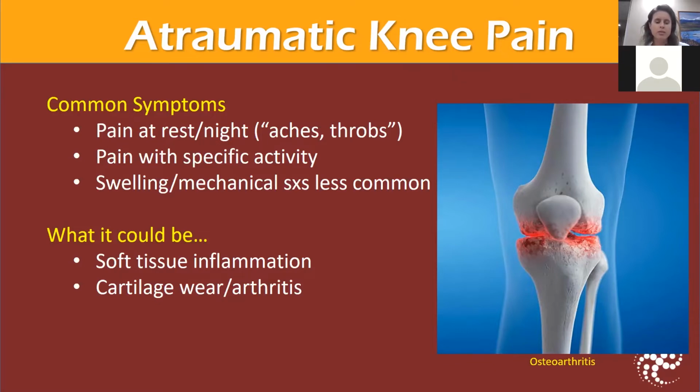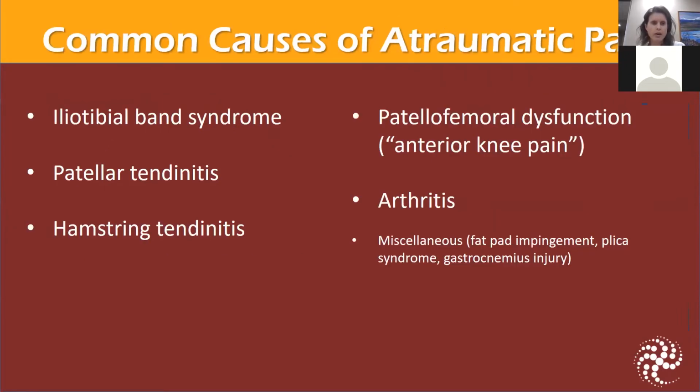And the things that this usually could be is some sort of soft tissue inflammation, which I'll elaborate on in my next few slides, or it could be cartilage wear or arthritis. So common causes of atraumatic pain, I'll touch on all of these except for the miscellaneous ones, because those are a grab bag of things that are less common.